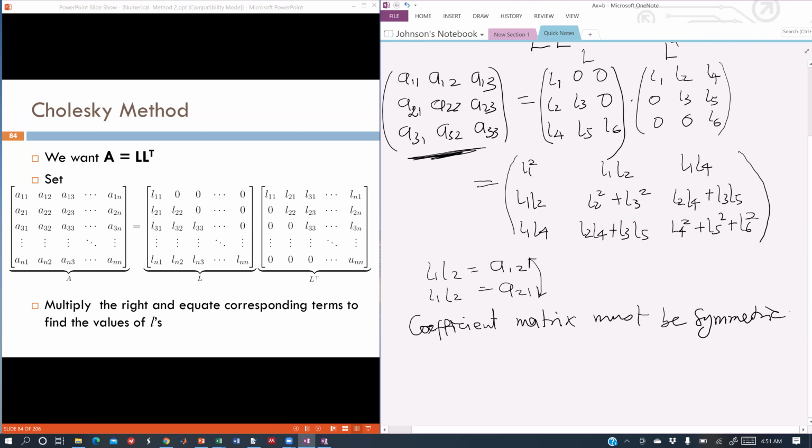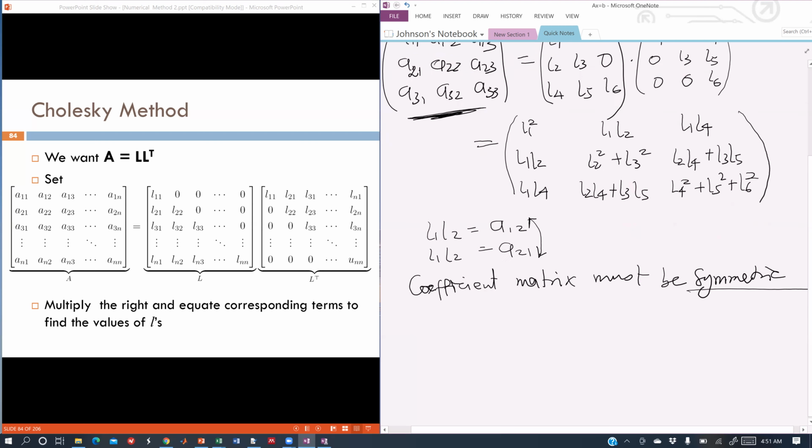The coefficient matrix must also be symmetric. And that is a very, very important condition on Cholesky decomposition. Without symmetry, Cholesky decomposition will not work. And that is the first one.